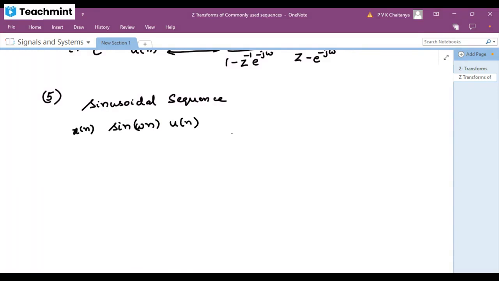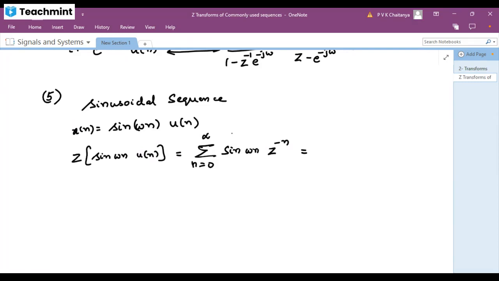So the Z transform of sine omega n u of n is equal to sigma n from 0 to infinity sine omega n into Z power minus n.